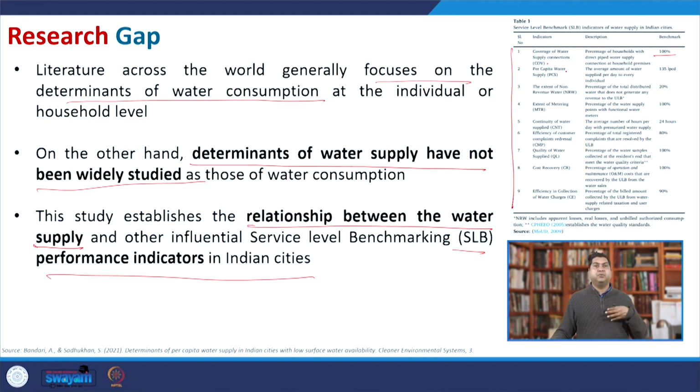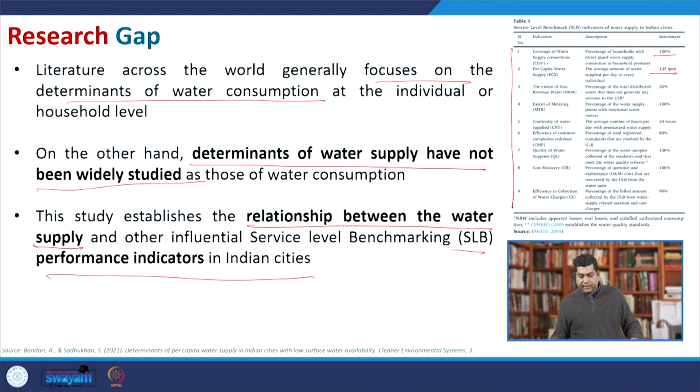Definitely in a family, if I have some elderly people, some young adults, some kids, their consumption will not be the same, but on average it is 135, which is a supply level thought, because consumption may vary. Somebody can use 150, somebody can use 120. This is the benchmark.